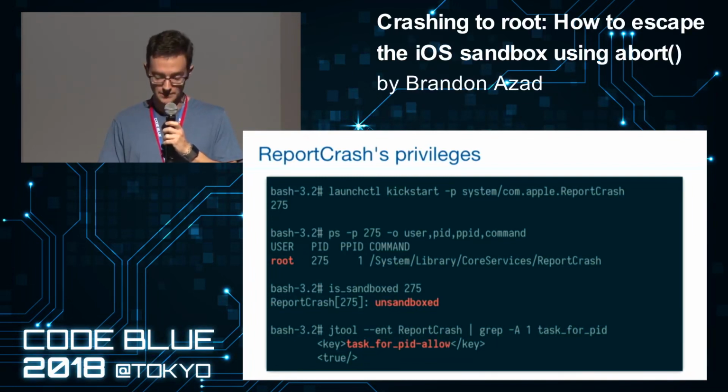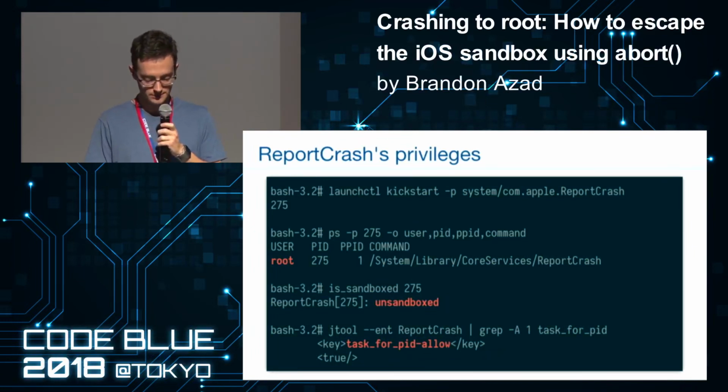And we've already seen that a task port allows you to directly read and write memory in the target process, which means that you have full control over it. Thus, having the task_for_pid-allow entitlement is basically equivalent to having full control over any process on the phone. And this level of privilege definitely warrants investigation.